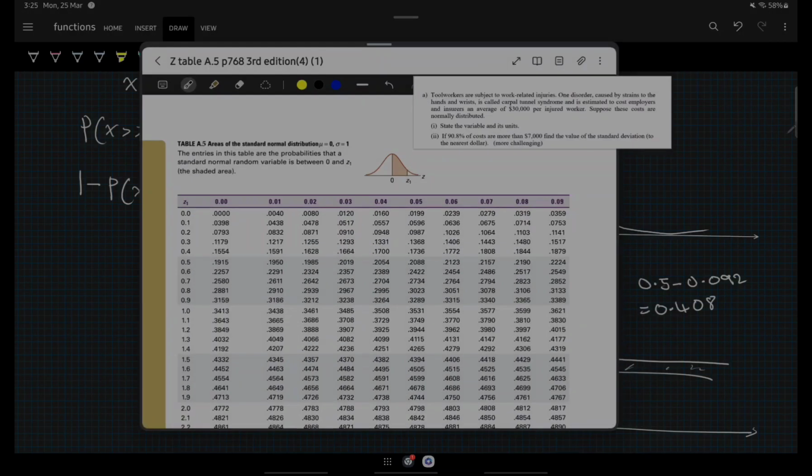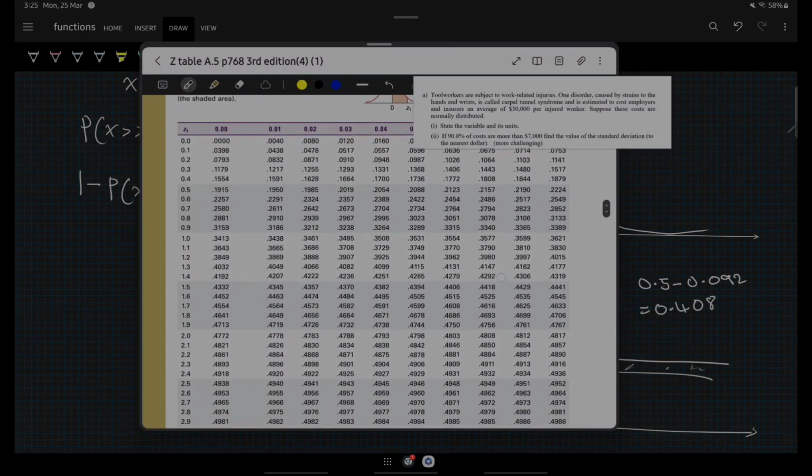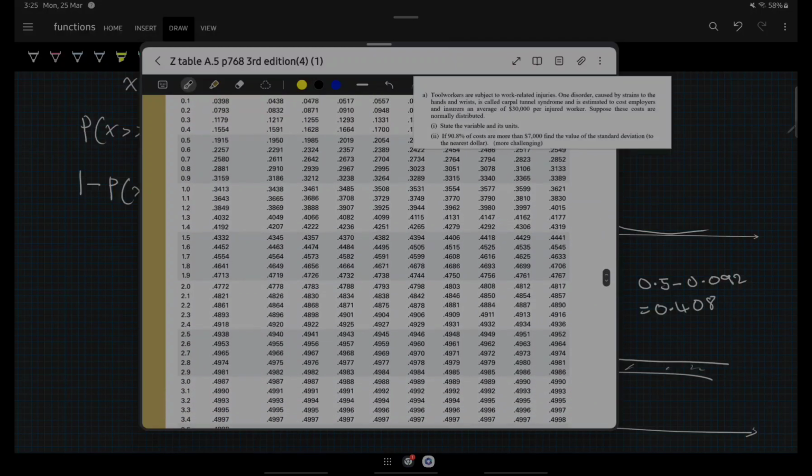So, next we get up our z-score table, and we look for the area about that mean of 0.408. And so 0.409, 0.408.